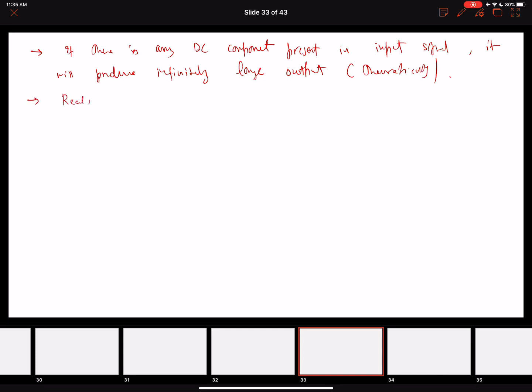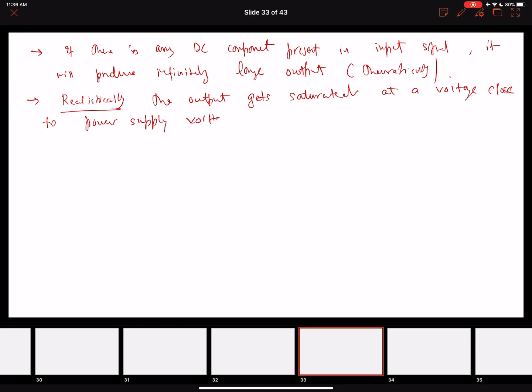So realistically, the output gets saturated at a voltage close to the power supply voltage, right?